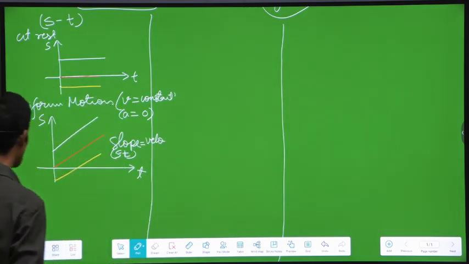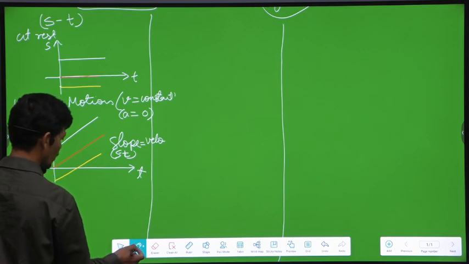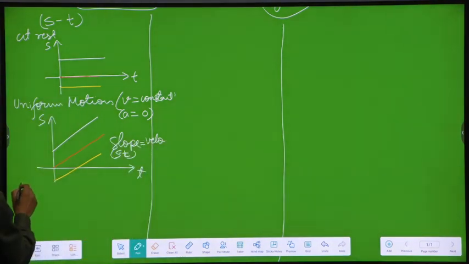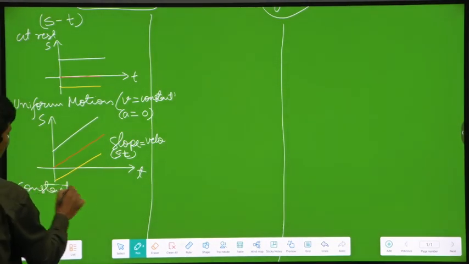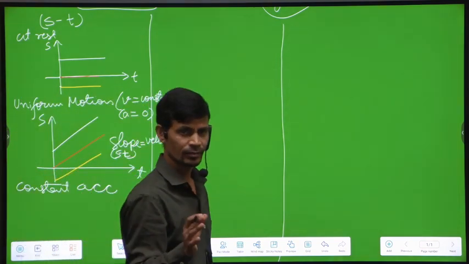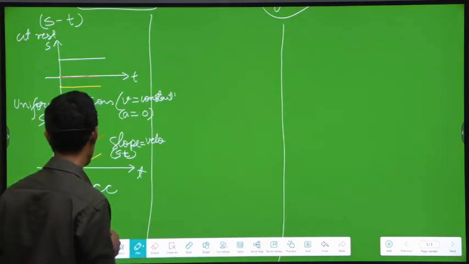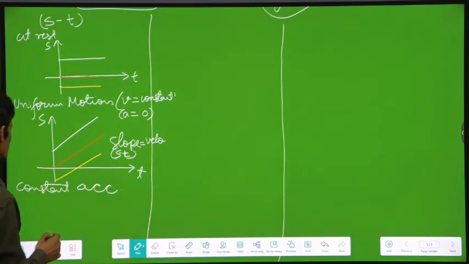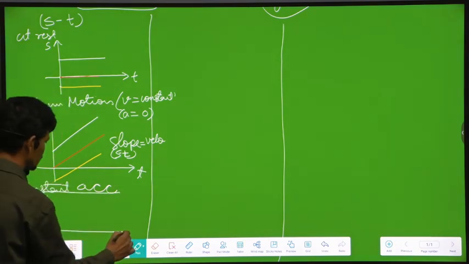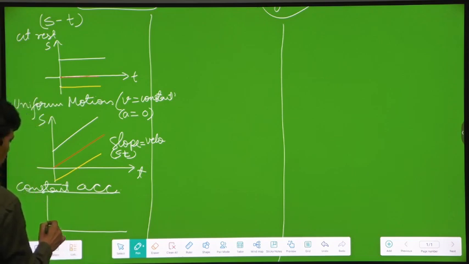Okay, another thing, another graph for constant acceleration. That is non-uniform motion, and it is taking place for constant acceleration. So with constant acceleration, the slope will go on increasing.